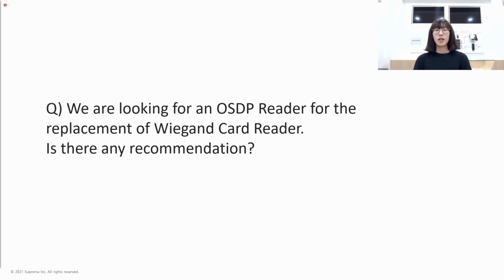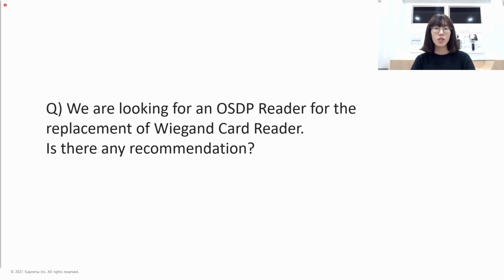Now, let's check the cases where the Suprema device can be used as an OSDP reader to help you understand. I have examples of actual customer inquiries. Let's look at the first inquiry. This customer is currently considering changing the Wiegand reader in the existing access control system to an OSDP reader for security purposes.